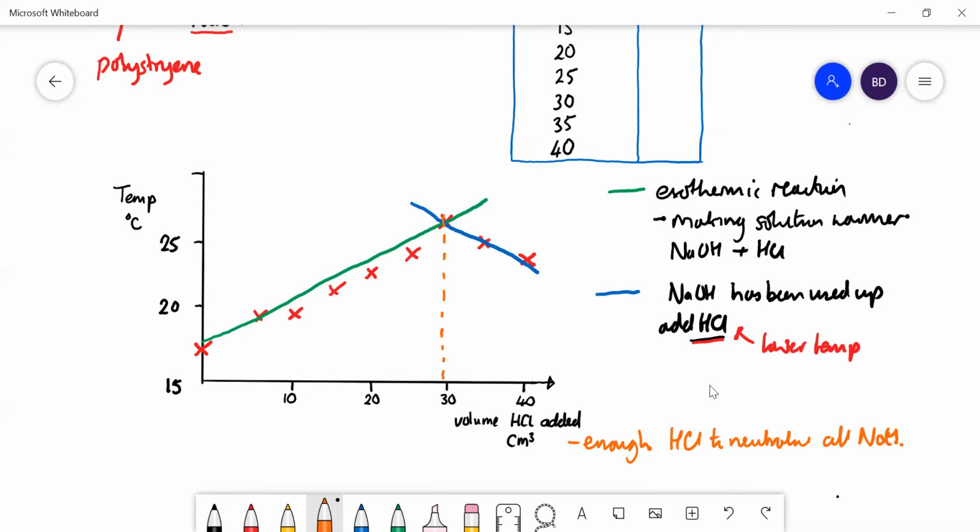And if you add any more after that, then you're just diluting the heat out. So the temperature will actually go down rather than going up. Just important to note there's no endothermic reaction going on here when the temperature goes down. This amount of heat energy stays the same. It's just spread out more because you're increasing the volume of the solution.